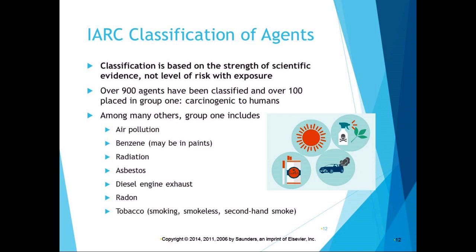Among many others, ones that you might contact on a daily basis: air pollution, benzene, which might be in a lot of different paints, radiation, asbestos, diesel engine exhaust, radon, and tobacco, and that includes smoking, smokeless tobacco, and secondhand smoke. Lots of different things have been classified in group 1 as carcinogenic to humans. And again, exposure to one of these doesn't necessarily mean you are going to get cancer, but there's the potential.